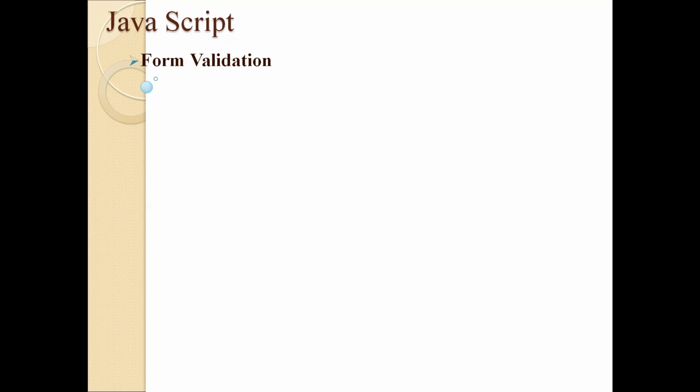So in form validation, instead of checking with the server, we just verify from the client side, and if everything is okay on the client side, then we send the data to the server. For example, if the form is asking for a mobile number, we all know that it contains 10 digits.